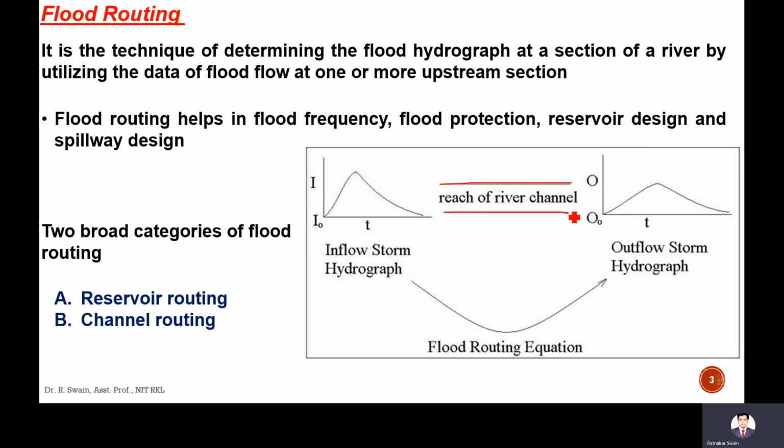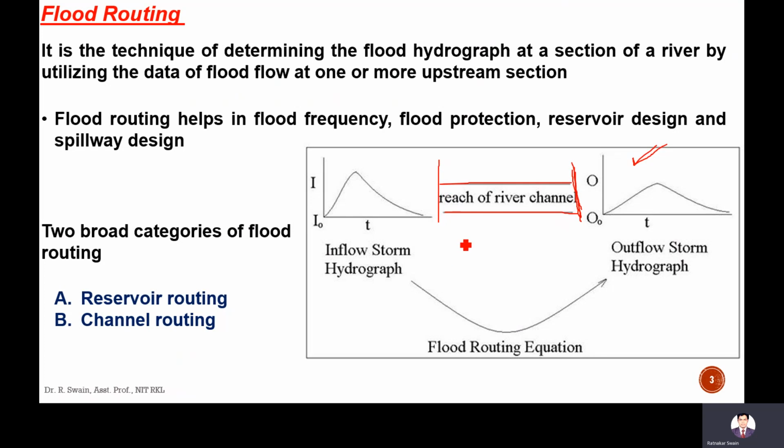Determination of the hydrograph, that is called the outflow hydrograph, at any particular section, from the inflow hydrograph, the hydrograph at any upstream section.